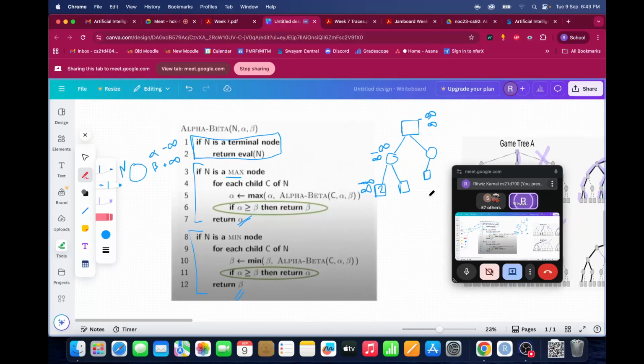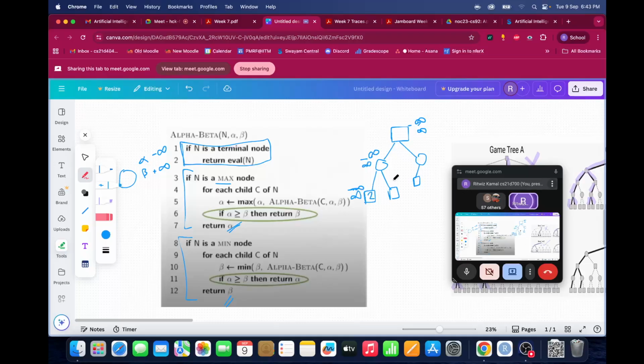In any situation where we reach a condition where the alpha value for a given node is greater than or equal to its beta value, for example, let's say for this particular node, instead of minus infinity and plus infinity, we have 100 and 2 or 12, let's say.